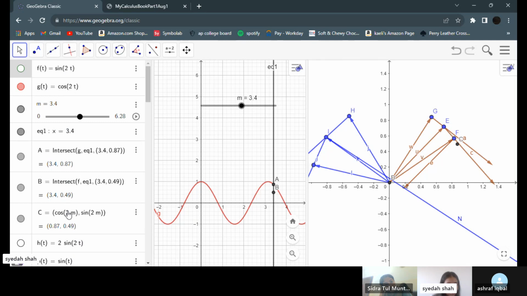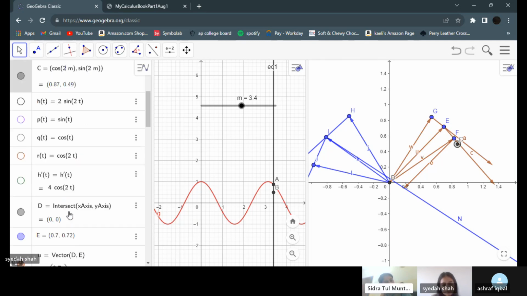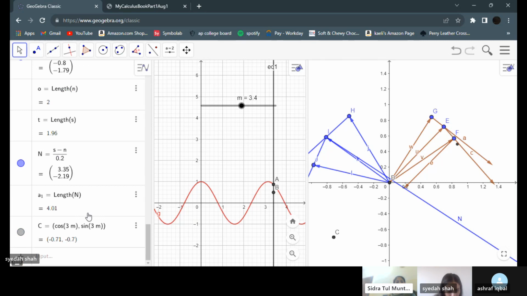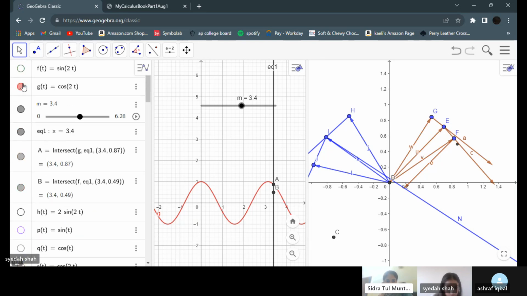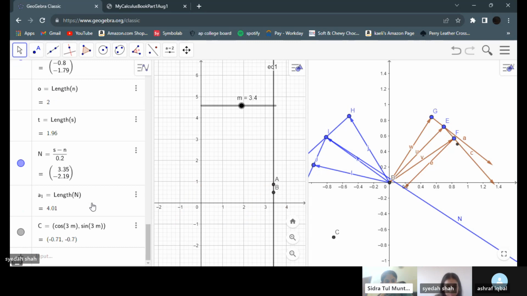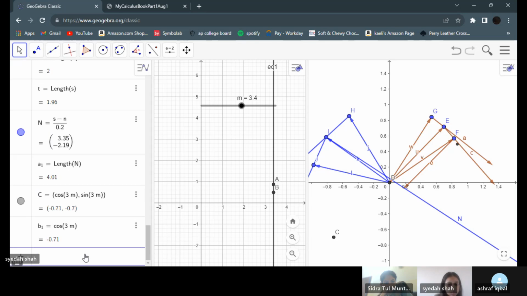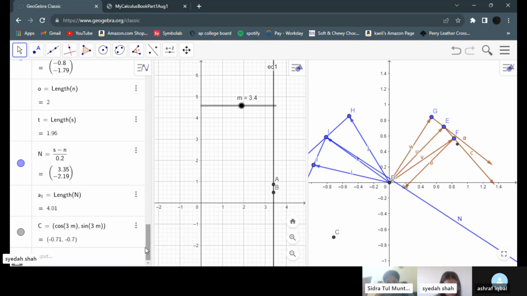Here? Or at the point? The point. Okay, now you can hide this wave in the first graph. Now write cos of 3t.